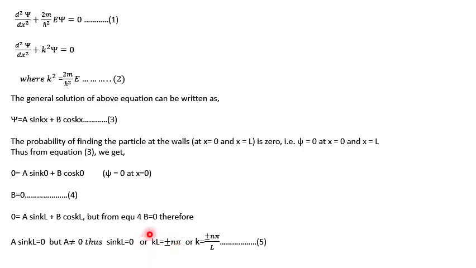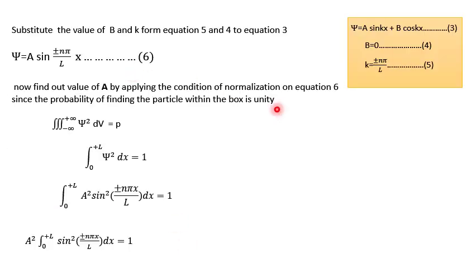From this equation we calculate the value of k, and it comes out as plus minus n pi by L. So from equation 4 we get the value of b and from equation 5 we get the value of k. Now we are going to substitute the value of b and k in equation number 3. This is our equation number 3, and b is 0 and k is plus minus n pi by L, so we substitute them here.